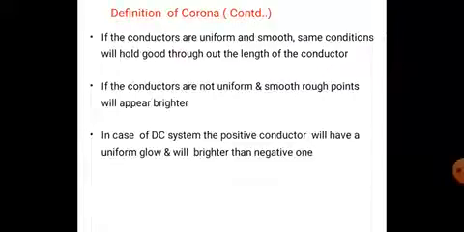So if the conductors are uniform and smooth, the same smooth conditions will hold good throughout the length of the conductor. But in case of non-uniform conductors, the roughness will appear brighter. In case of a DC system, there are only two wires, the positive and the negative.